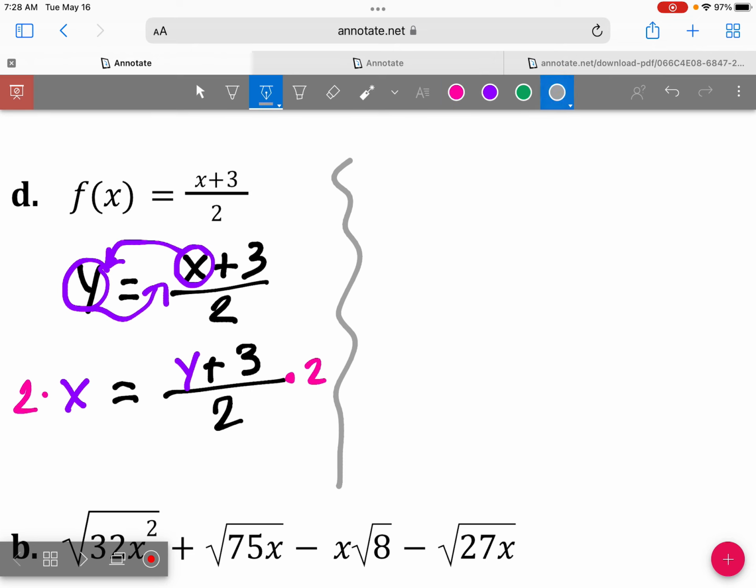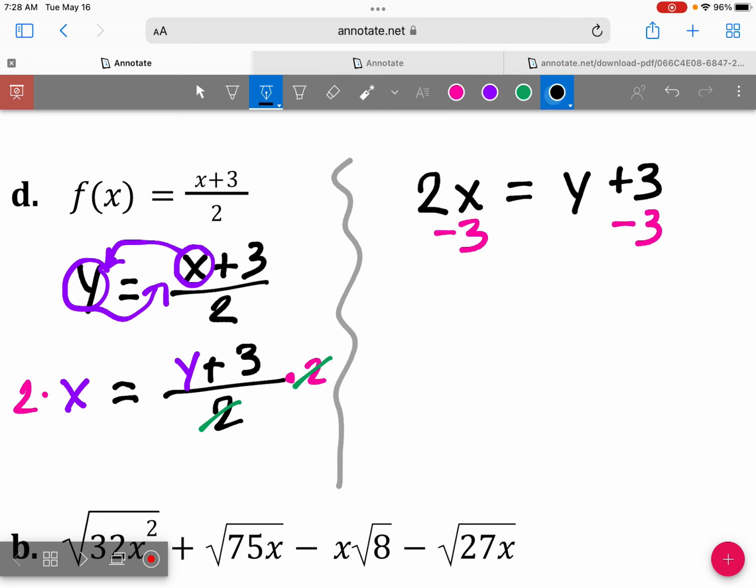So what we have is 2x equals y plus 3, because this 2 and that 2 cancel out. What do we do over here to get my y by itself? Subtract 3 from both sides. So we're going to have 2x minus 3 equals y.